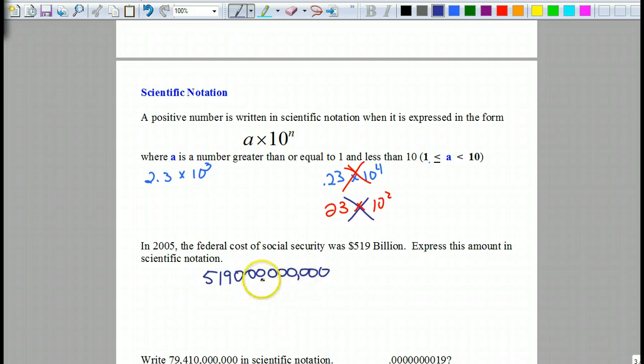So we have thousands, millions, billions. Okay, so I need to set this up between a number of 1 and 10. So how do I write the first number? Yep, 5.19.